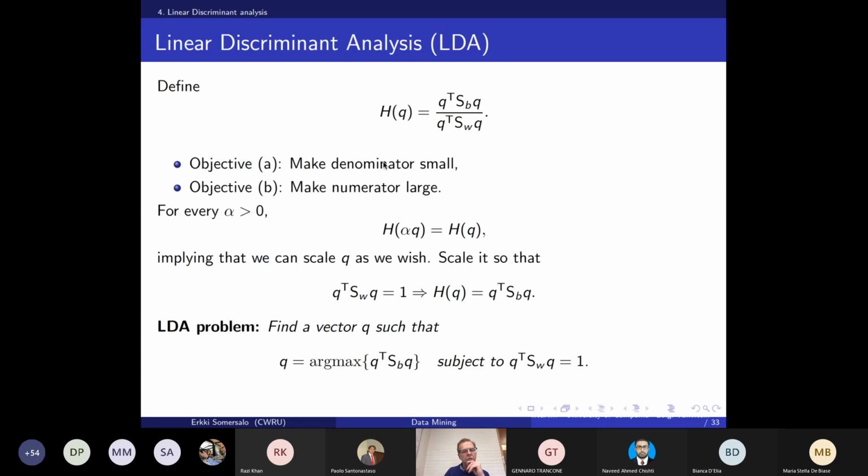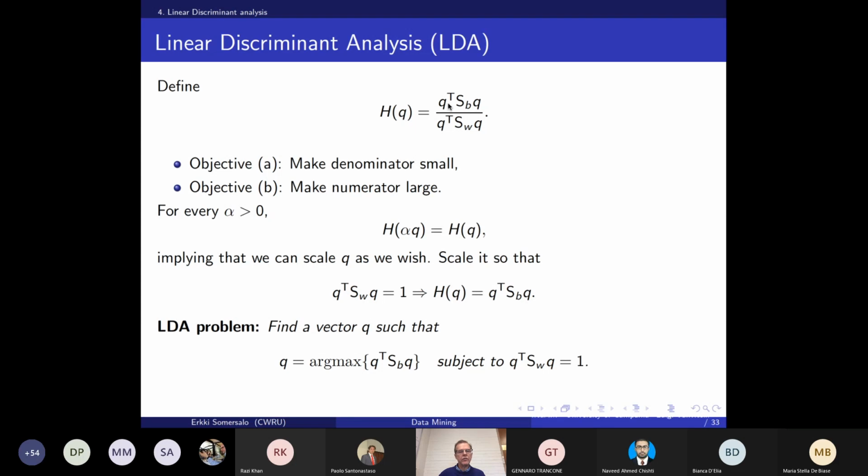So how do I do that? It looks like a complicated task. Turns out that we can do quite a bit of work using linear algebra. First of all, I'm observing that if I'm scaling my vector q by a scalar alpha, this h function is homogeneous by scaling.